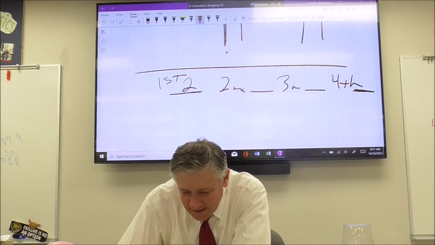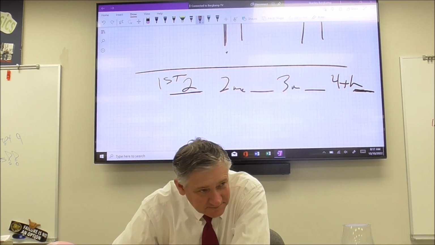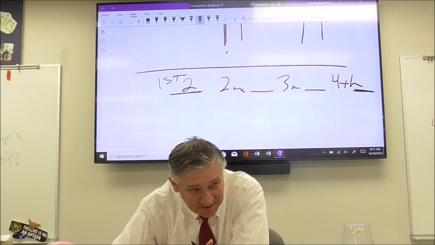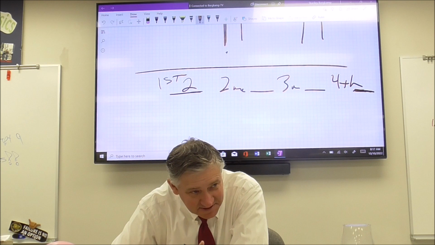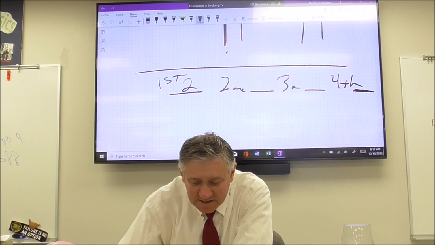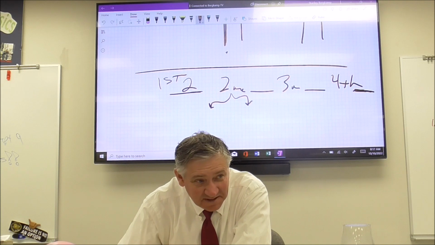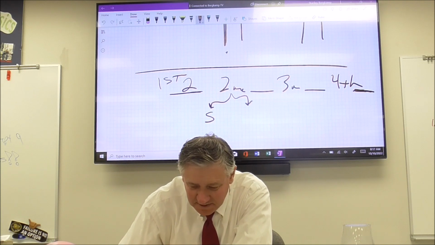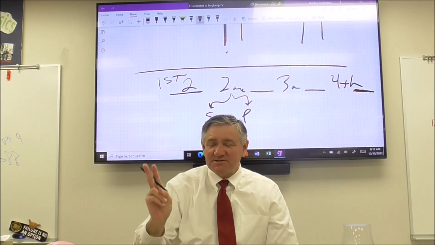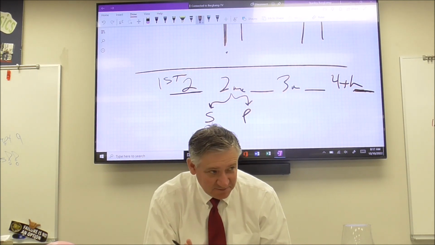Now, in the second energy level, listen to me very carefully, how many sublevels are there? 2, s and p. So in the second energy level, there are 2 sublevels.